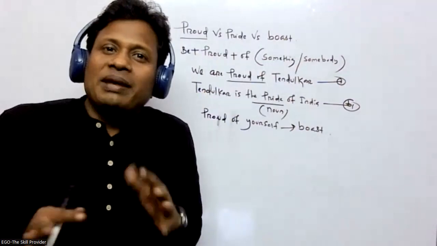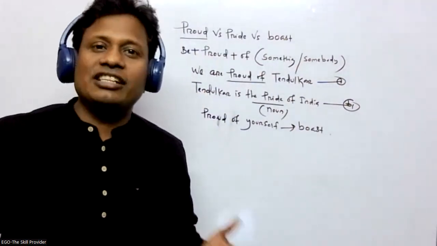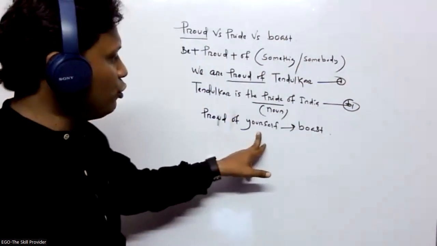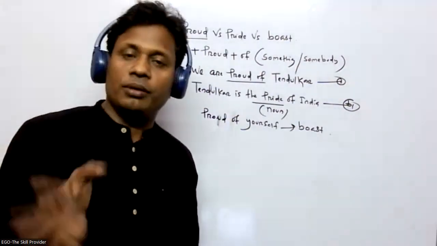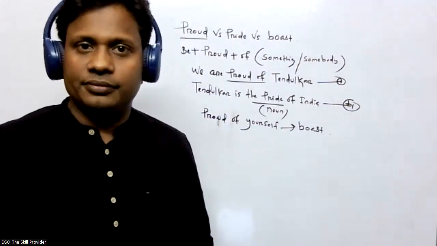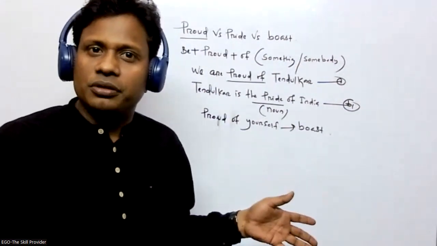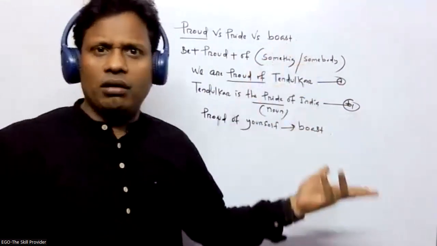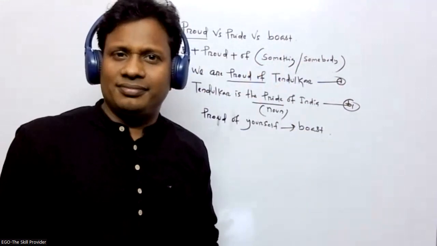And people sometimes use it very wrongly. That's the problem. So whenever you are proud of yourself, maybe your property, suppose you have 5 or 10 cars and you are very much, you can say boast of. That is called boasting. Oh my God, he is always boasting of.